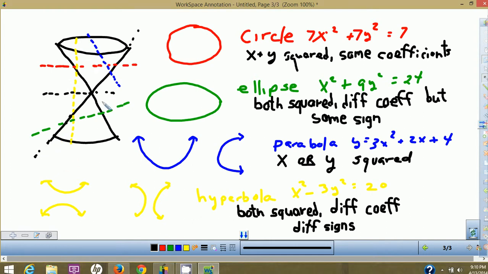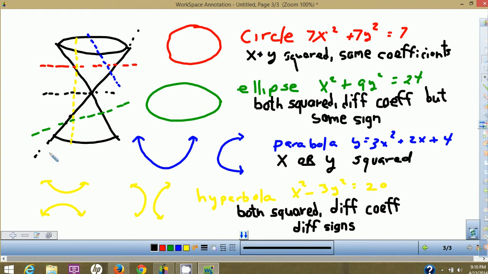Or I could run it so that I had 2 intersecting lines if I ran my plane straight up and down facing me, and then I would get this line and I would get this line. But those are called degenerate conic sections, and we don't usually refer to them as being conic sections.